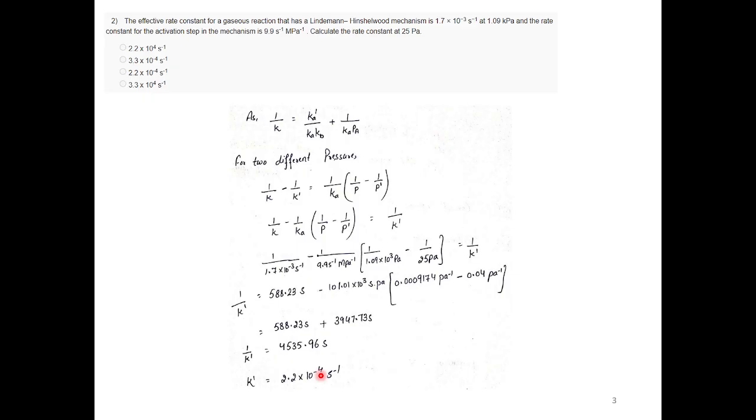And depending on this, you can get a value 1 by k prime equals, so k prime is the rate constant, that means 1 by k will be of the order of time, that is the second, and from there you can find out k prime equals 2.2 into 10 to the minus 4 second inverse.